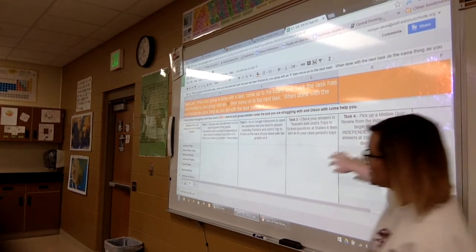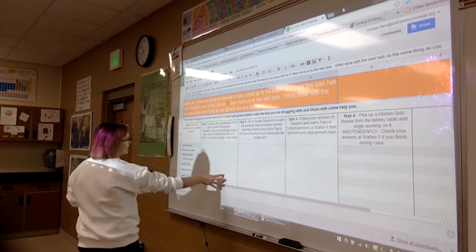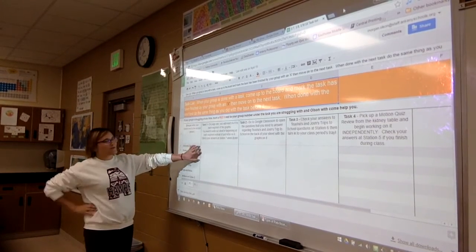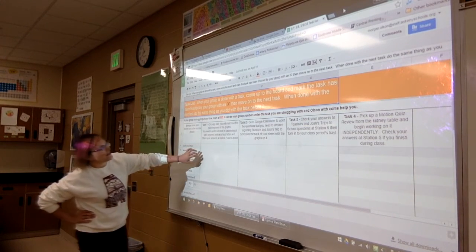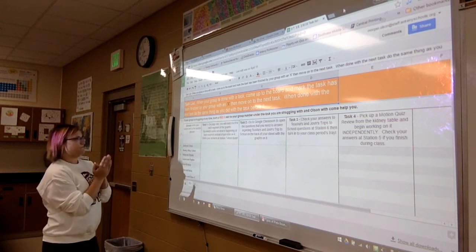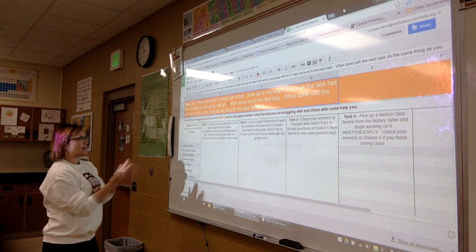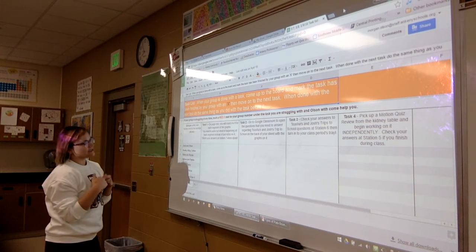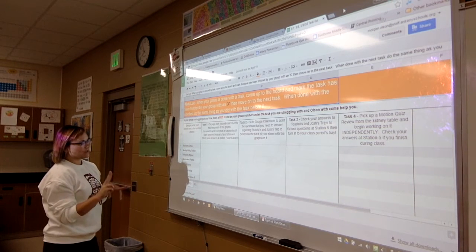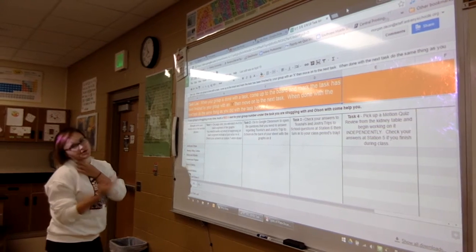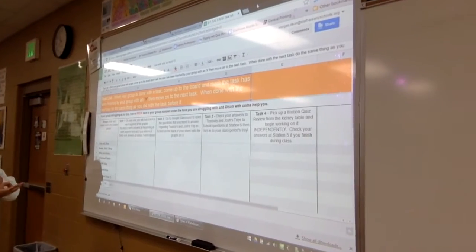they were given a task, which was task 1. They had a packet, and they had to do some matching with a couple of different graphs and descriptors.